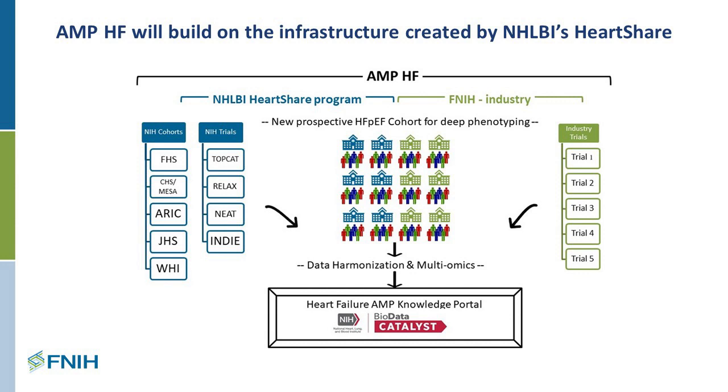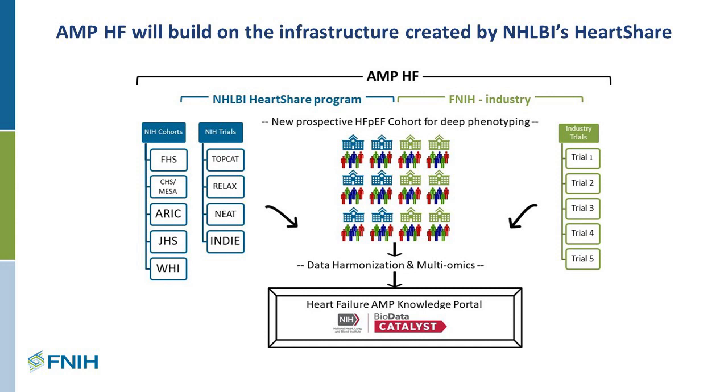Now that's the HeartShare program, and it's meant to be a foundation for the AMP. So if you look on the right side, the industry trials that we think industry may want to contribute, that data can come in, and we'll put that in as part of our extant data set analysis.